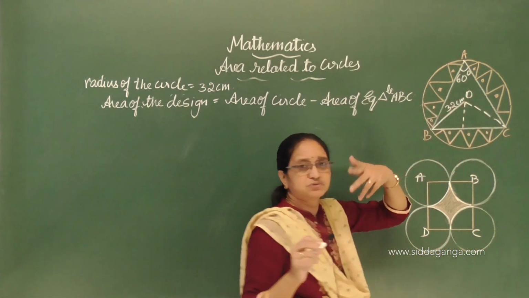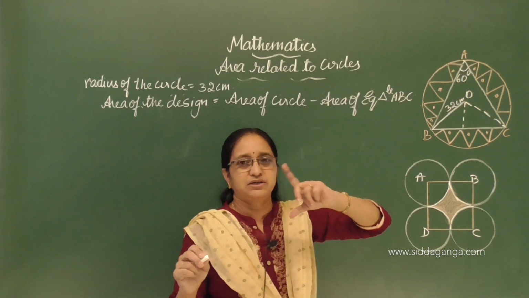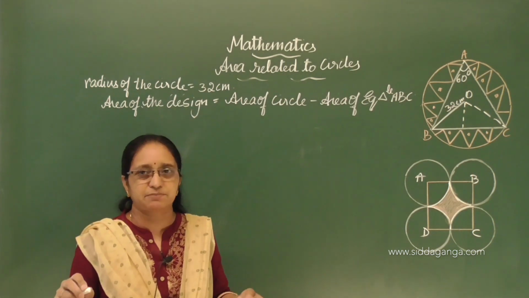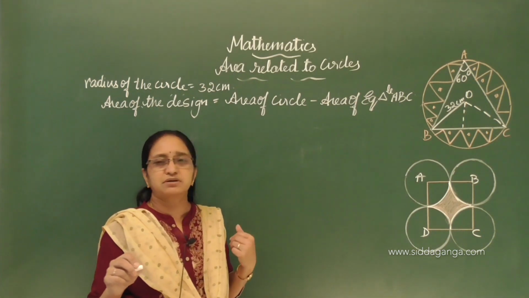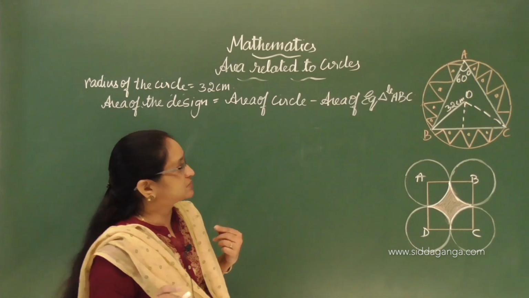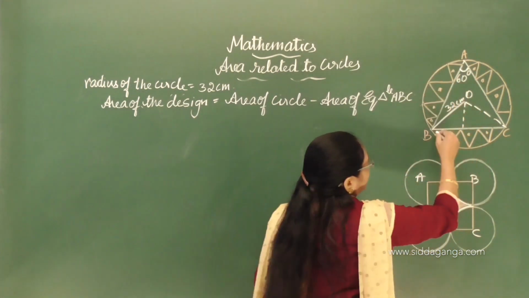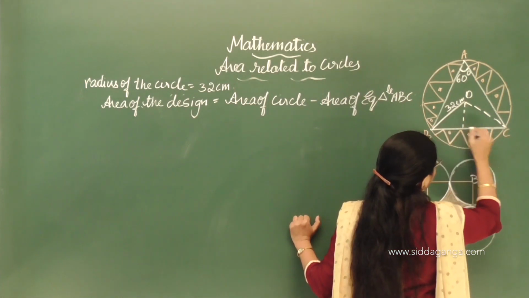They have not given BOC, but already you have learned that concept in the circle chapter, in 9th standard and 10th standard also you finished. See, this is 60 degree and BC is a chord.